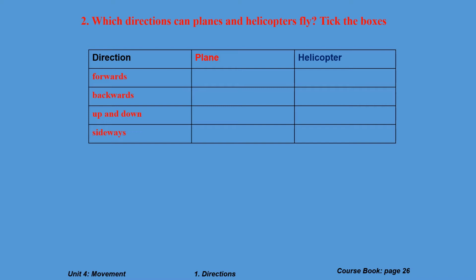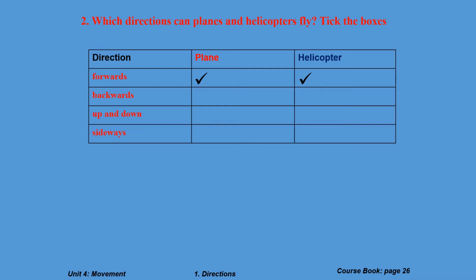Now let's take the first direction, forwards. Can the plane move forwards? Of course. So here we put a tick. Now the helicopter. Can the helicopter move forwards? Yes, of course. So also we tick this box.